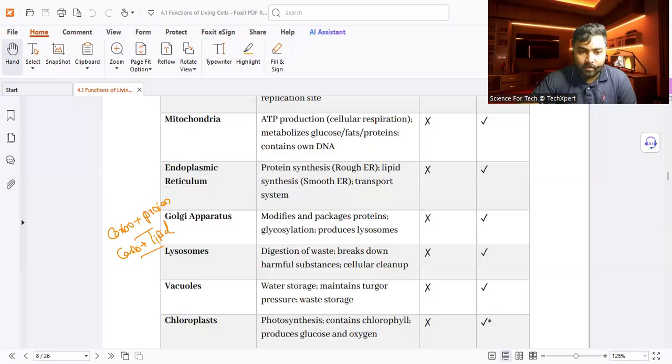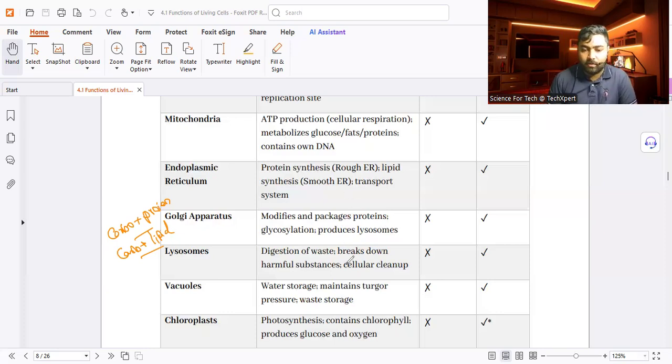Okay, next we have the lysosome. Its main functions are digestion of waste, breaking down harmful substances, and cellular cleanup. It stores hydrolytic enzymes.